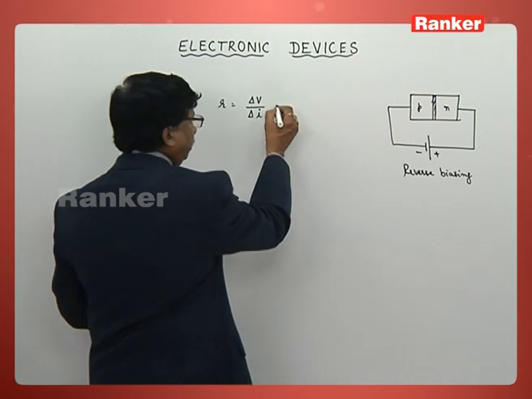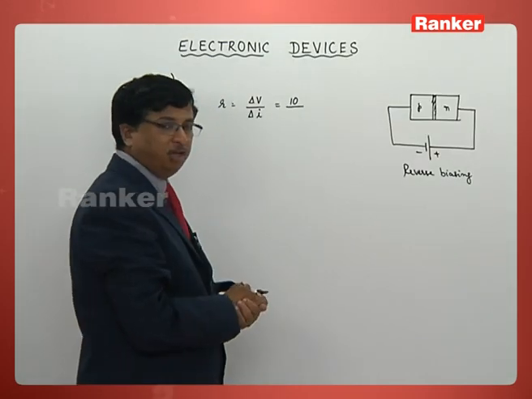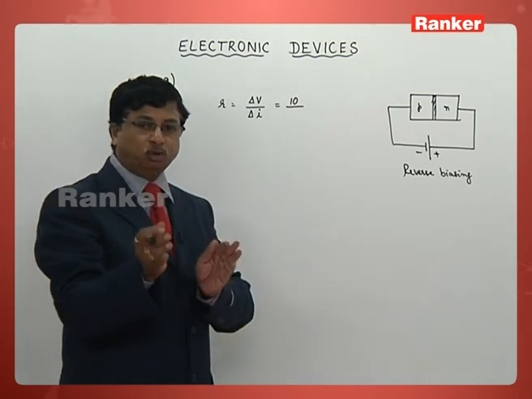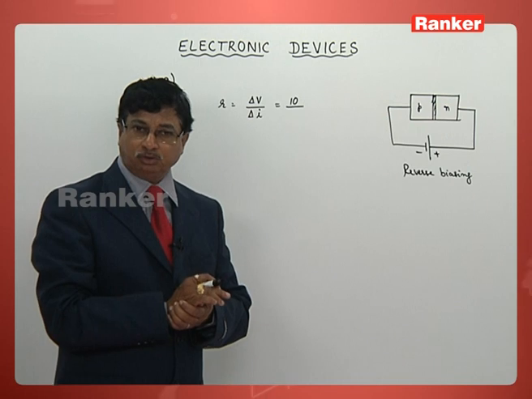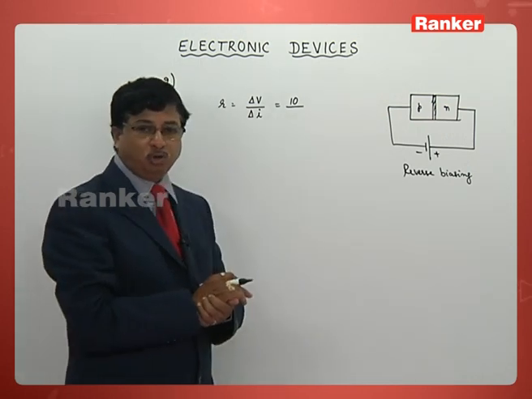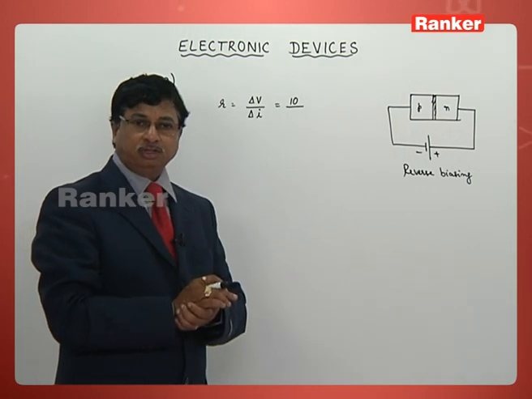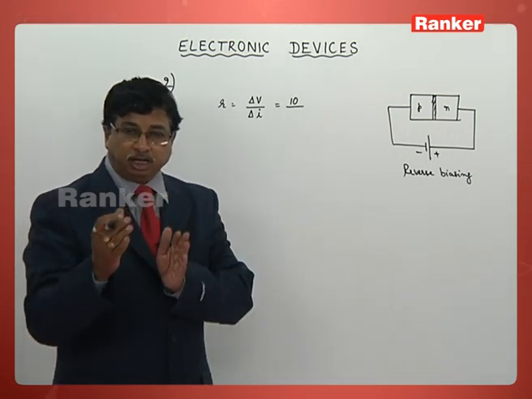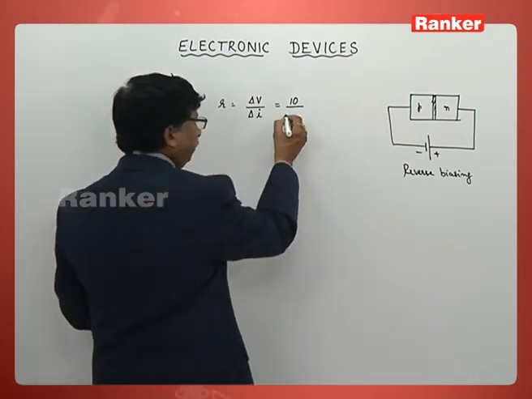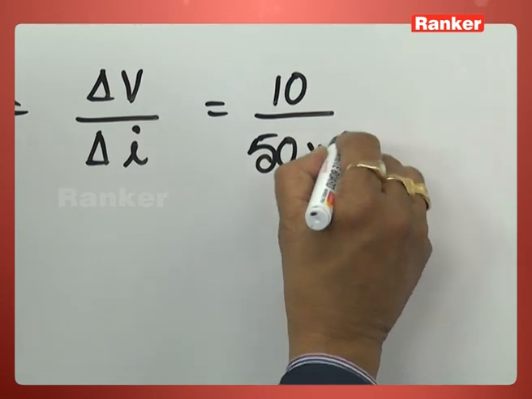The change in potential difference here is 10 because it is changing from 5 volt to 15 volt. The difference between these two values is now going to be 10 volt. What about the change in current? 38 microampere to 88 microampere. The difference is now going to be 50 microampere.